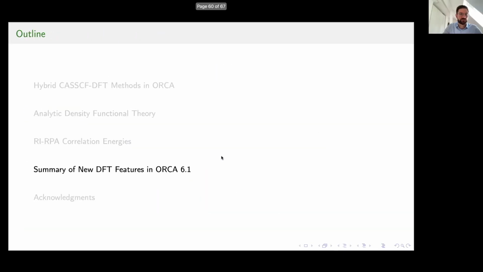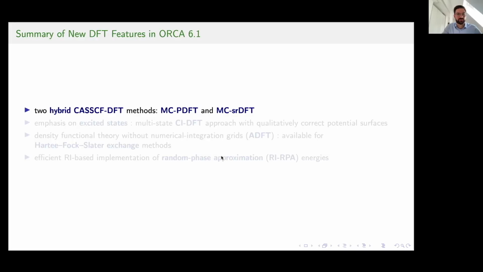Now I would like to give you a brief summary of all new DFT features in ORCA 6.1. We have developed two new hybrid CAS-SCF DFT methods called MC-PDFT and MC-SR-DFT, which are the multi-configurational pair density functional theory and the multi-configurational short-range DFT. We put an emphasis on excited states.